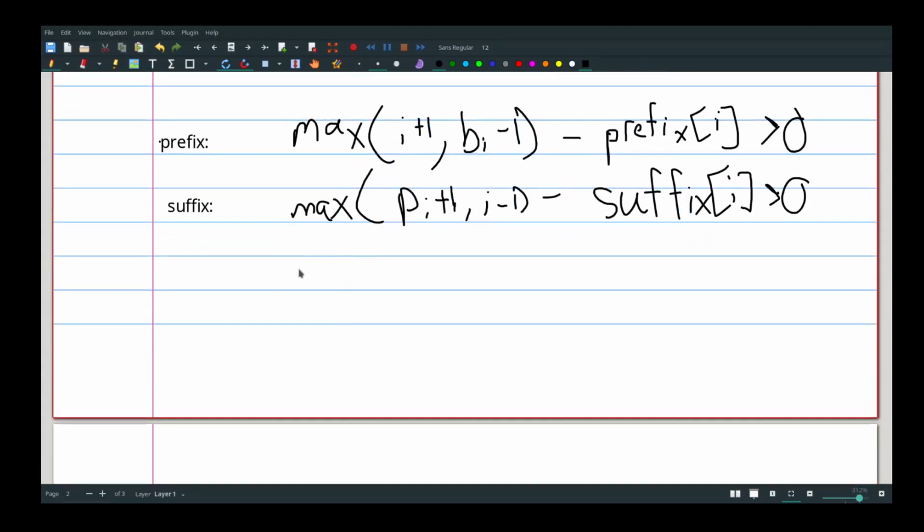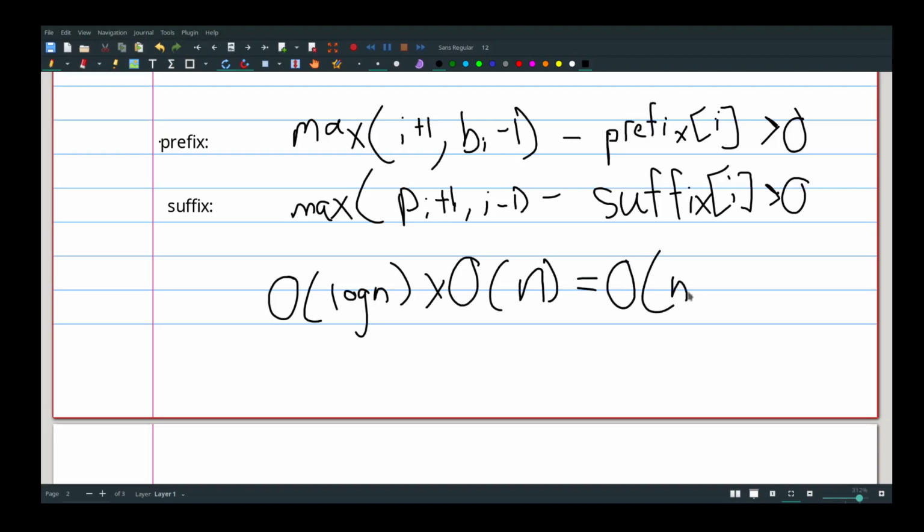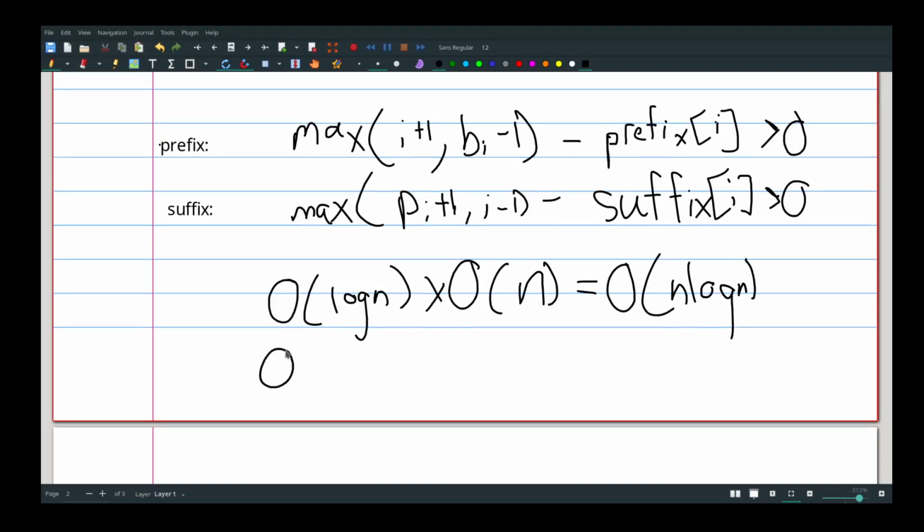As you can see that we're making two segment tree queries per index, and we have n indices. So the total time complexity taken by the segment tree is O of n log n. The other computations that we're making are the next greater element and the previous greater element.